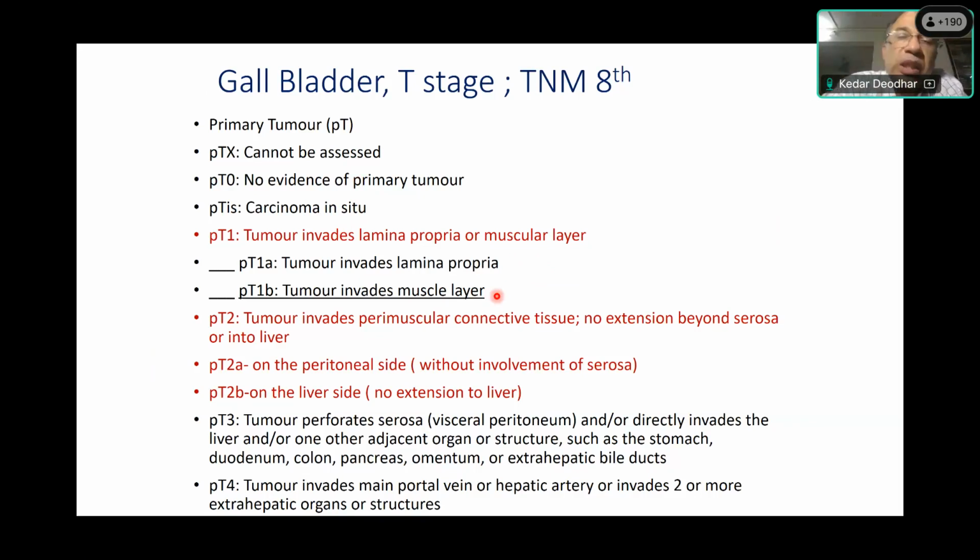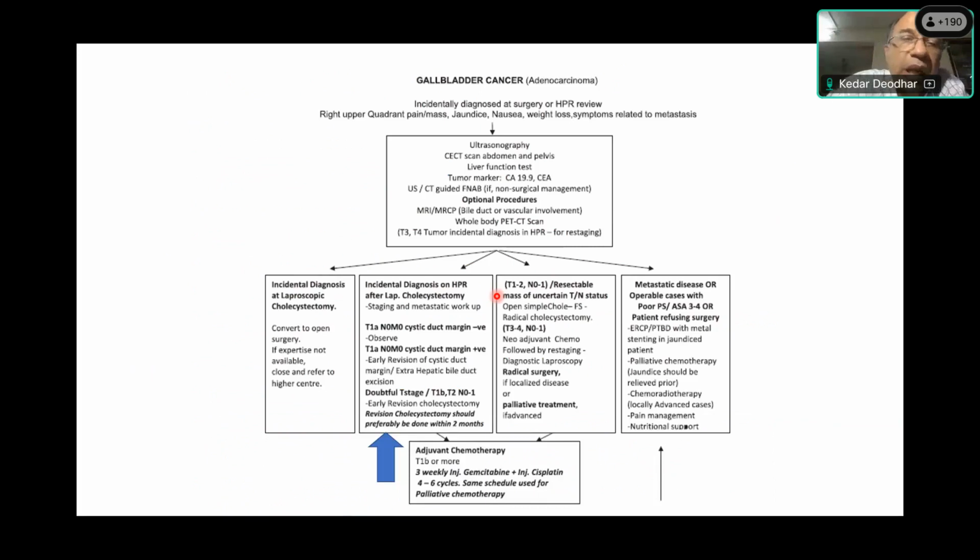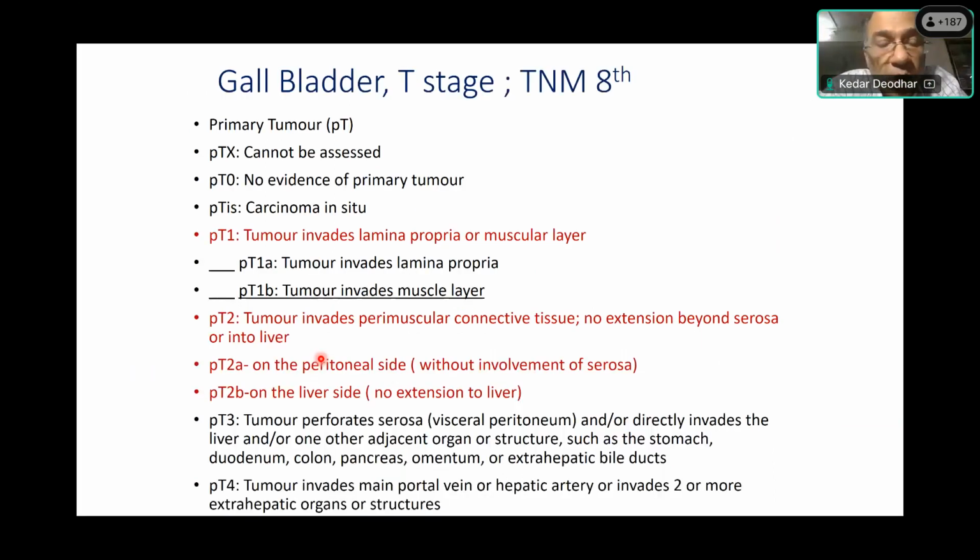So these are the parts of cancer oncosurgery and of radical cholecystectomy. The idea is that if we are familiar with the treatment protocol, depending on our report, we are more alert to understand the implications of what PT1A, PT1B, PT2 or PT3 is. PT3 is when the tumor perforates the serosa or directly invades the liver parenchyma.